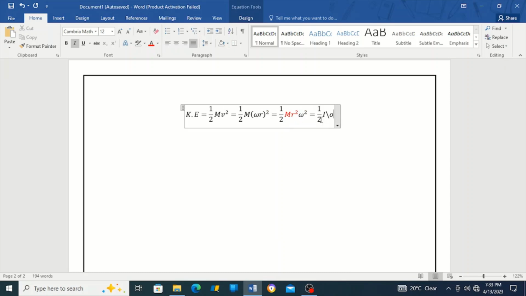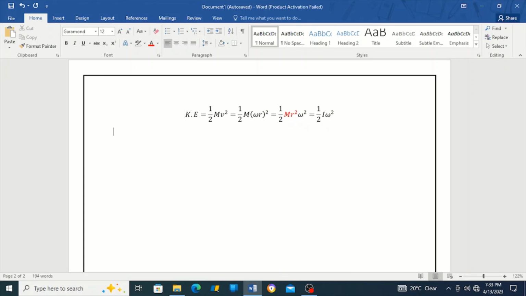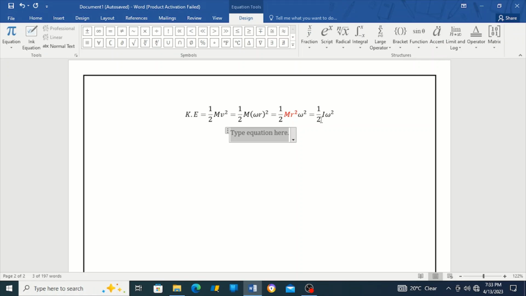But we should recall that omega is called the angular velocity, and it is the change in angular displacement, which is equal to d theta by dt. We always say it is theta dot, where the dot represents the first derivative with respect to t.